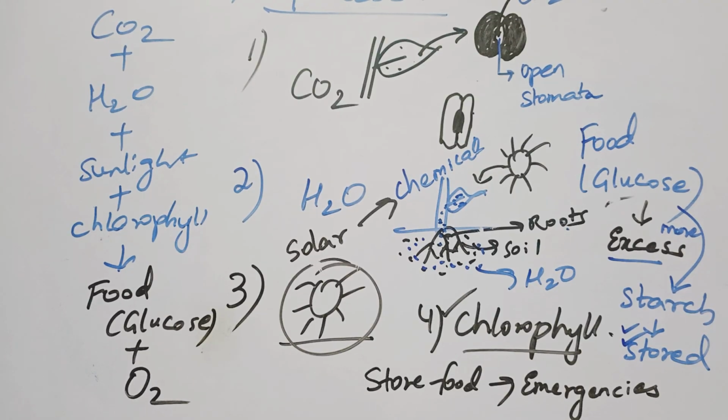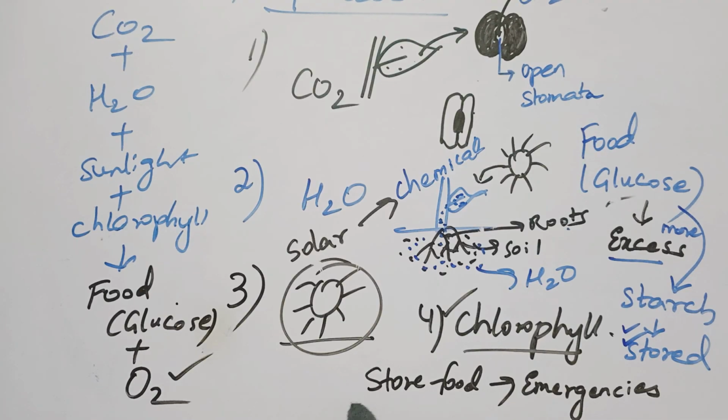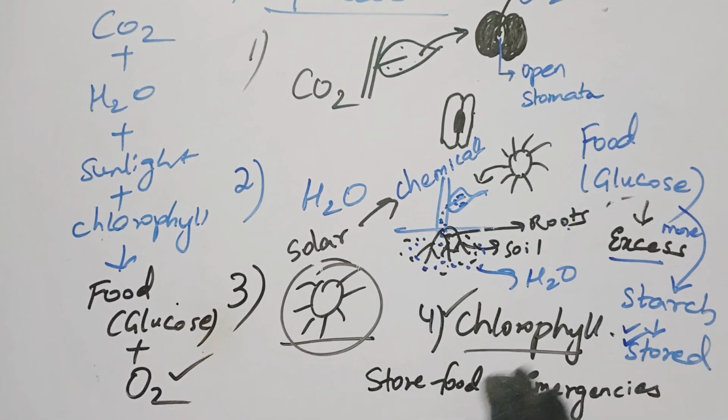Moving ahead, today we also learned that along with glucose, oxygen gas is also released into the atmosphere. We will see the word equation of photosynthesis, and then the chemical equation.